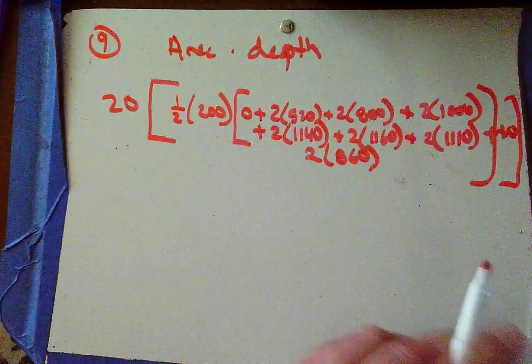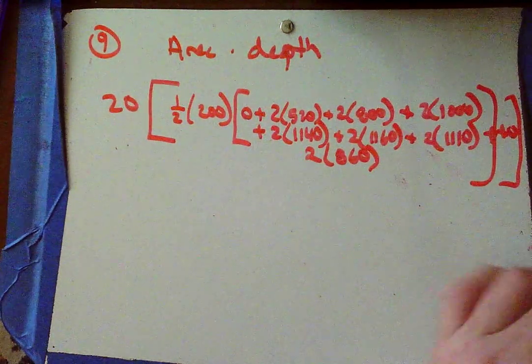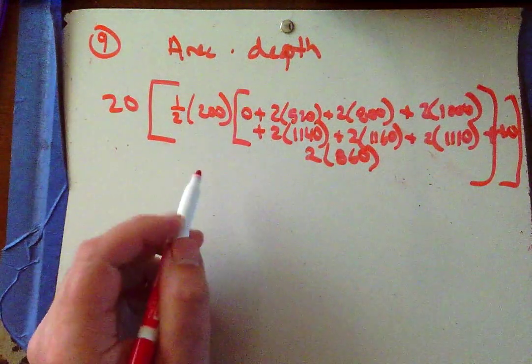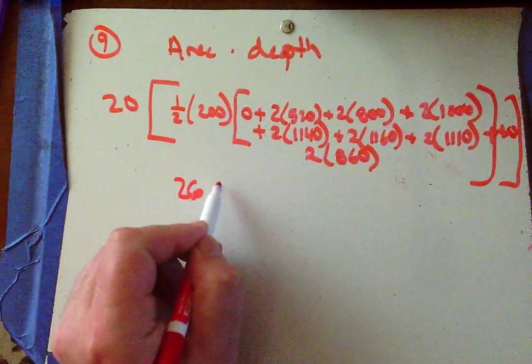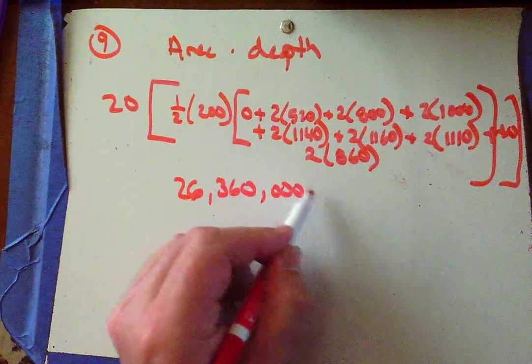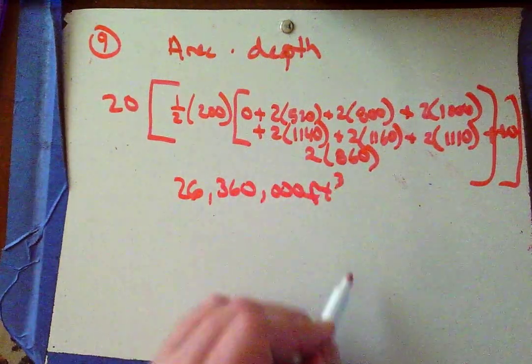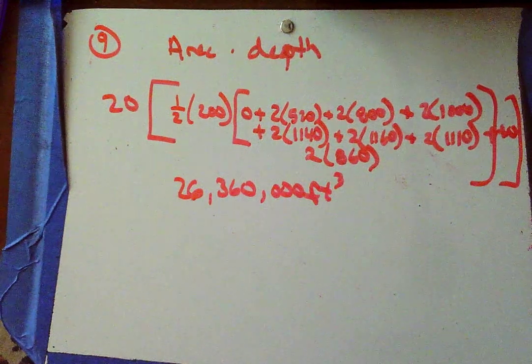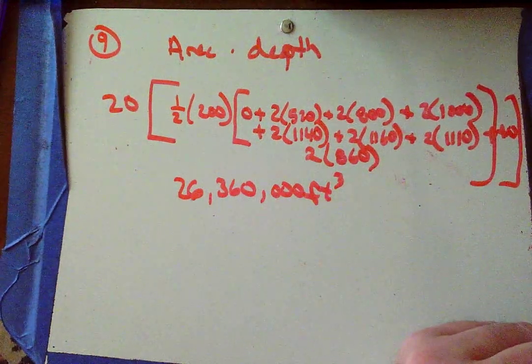All right, that's going to then be the volume. And if I compute this, I get 26,360,000 cubic feet. Okay, lots of cubic feet in that lake, pond.